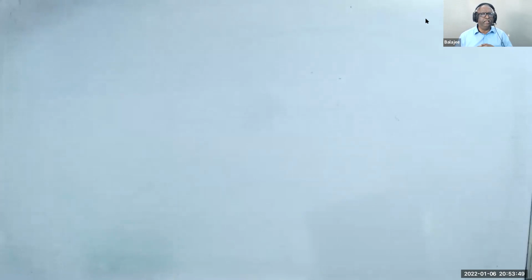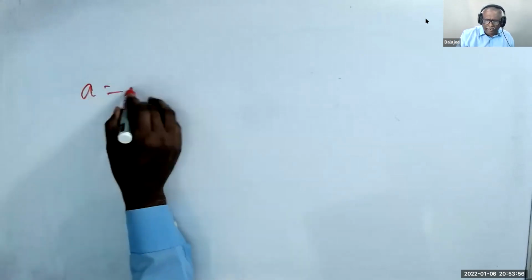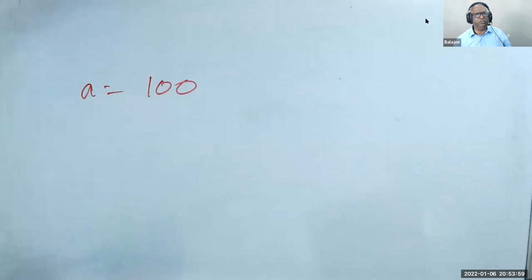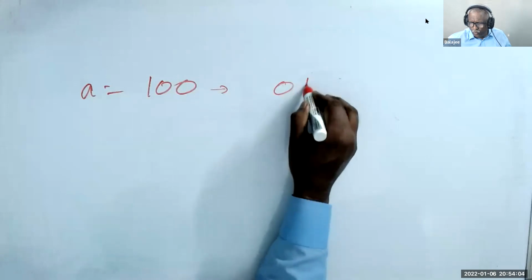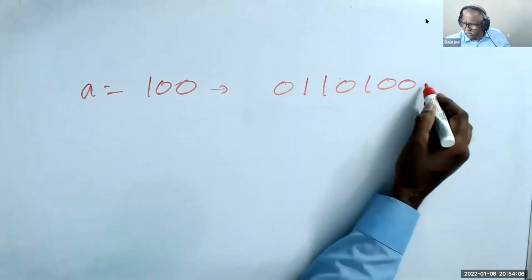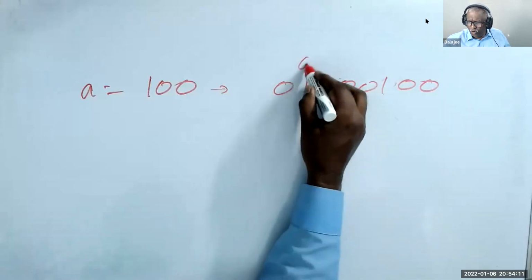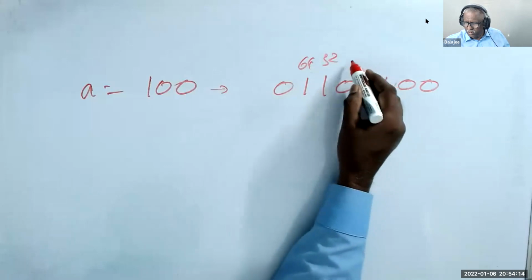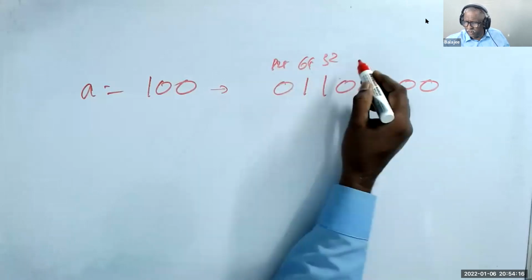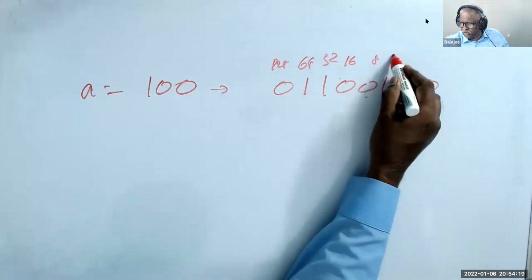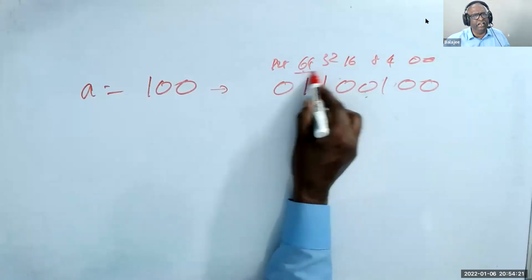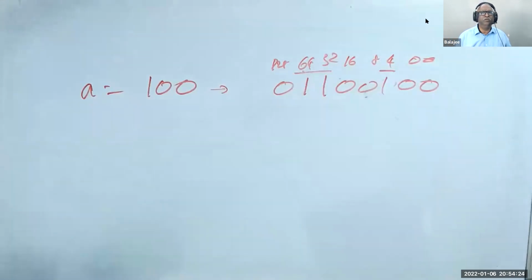Correct. If you add 100 plus 010, it will be like this. If you put A is equal to 100, then what is stored in the memory is 0, 1, 1, that is 64 plus 32. 128 is not there, 16 and 8 are not there, 4 is there. 64 plus 32 is 96, plus 4 is 100.